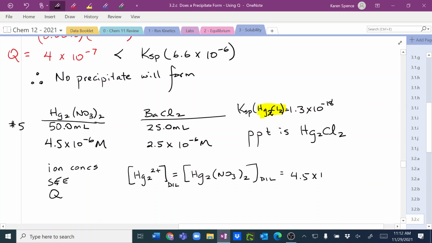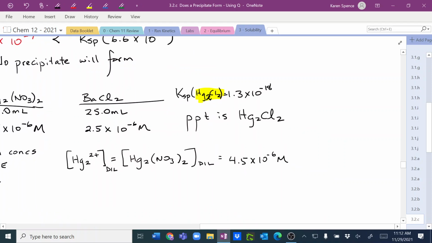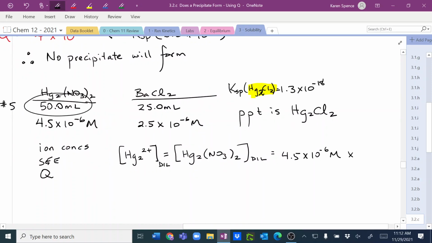4.5 times 10 to the negative 6 molar is the original concentration, times our old volume, 50 mils, over our new volume, 75 mils.